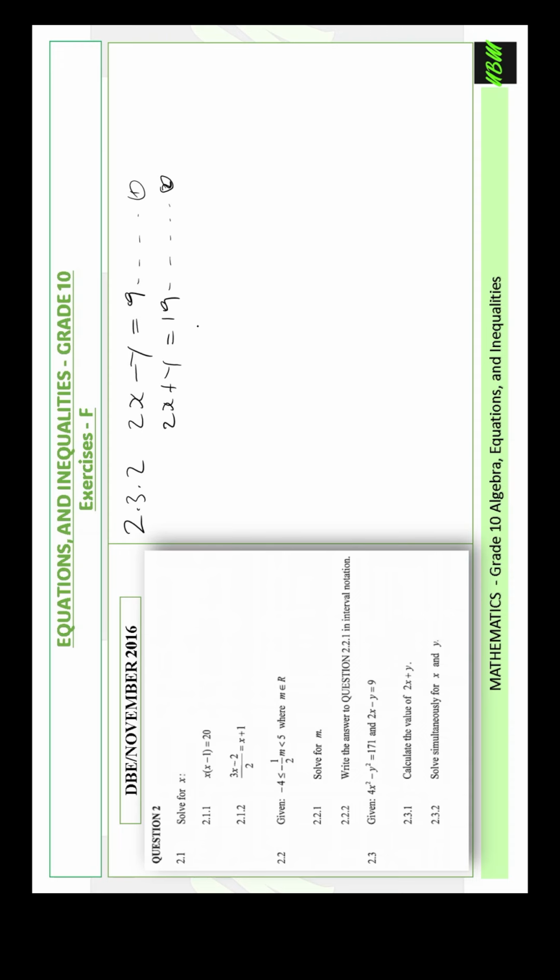So if you look at the two equations, the method of elimination will apply. Because on the first equation, we have 2x and on the second we also have 2x. So if we subtract the two equations, we'll be able to eliminate x. So let's say equation 1 minus equation 2.